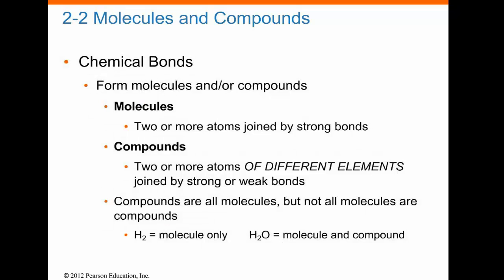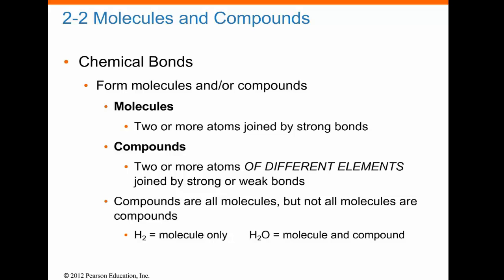So chemical bonds form molecules and or compounds. A molecule is two or more atoms joined by a strong bond, whereas a compound is two or more atoms of different elements joined by either strong or weak bonds.